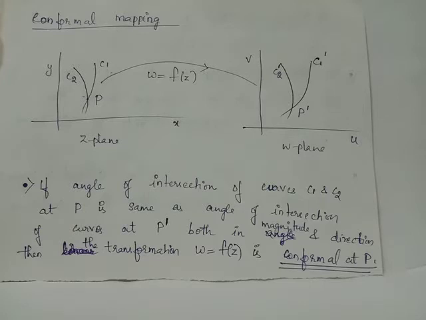If the angle of intersection of curves C1 and C2 at point P in the z plane is the same as the angle of intersection of the images C1 dash and C2 dash at point P dash in the w plane, if both in magnitude and direction these angles are equal, then we say that the transformation w equals f of z is conformal at point P. That is, a transformation which preserves angles both in magnitude and direction between every pair of curves through a point is said to be conformal at that point.